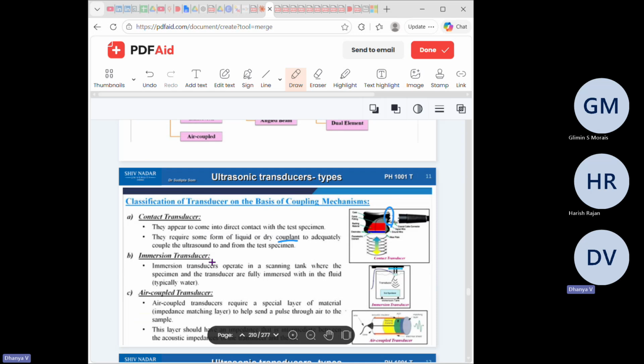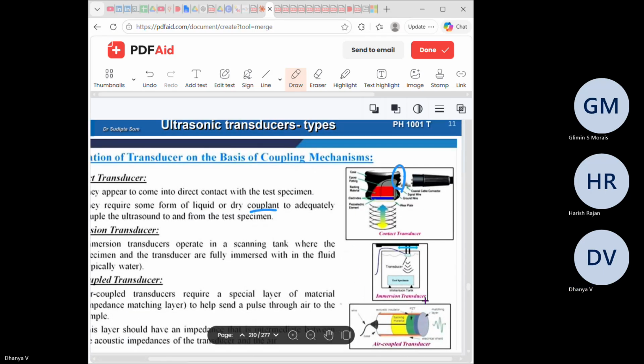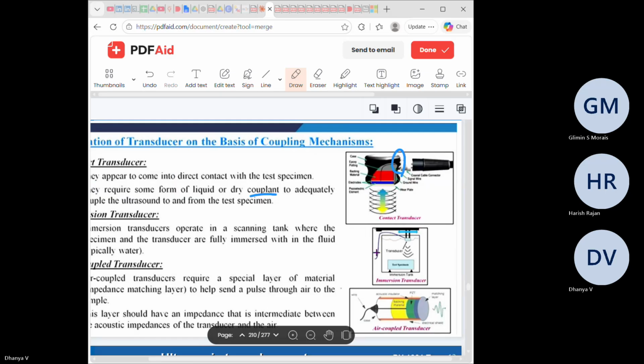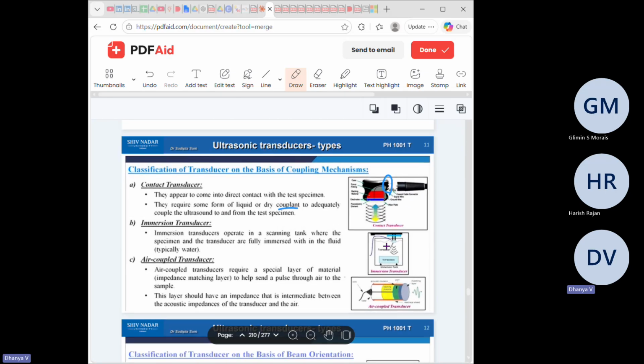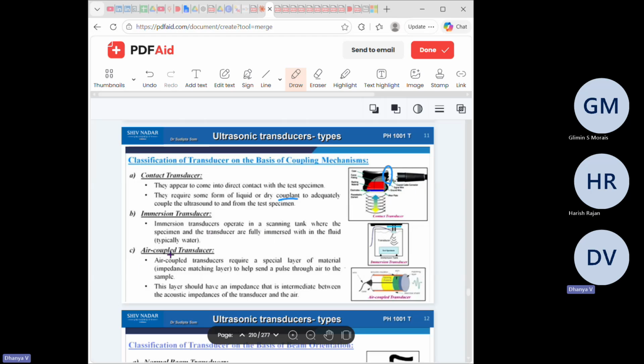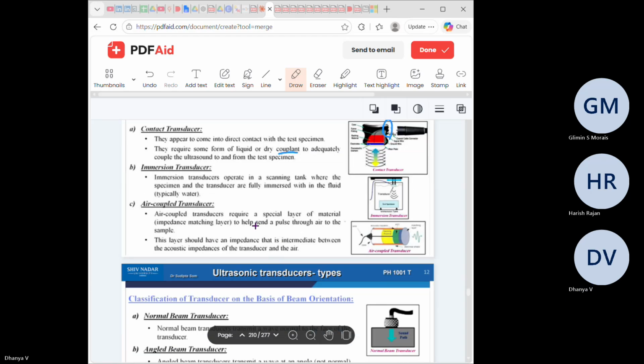And an immersion transducer operates in a scanning tank where the specimen and the transducer are fully immersed within fluid. Okay, so it's both immersed inside water. So with this, you will be able to detect any cracks. Okay, so air coupled transducers require a special layer of material from the pulse to the air to the sample.